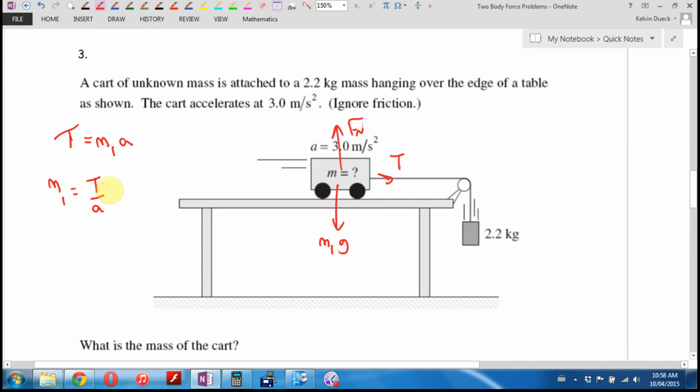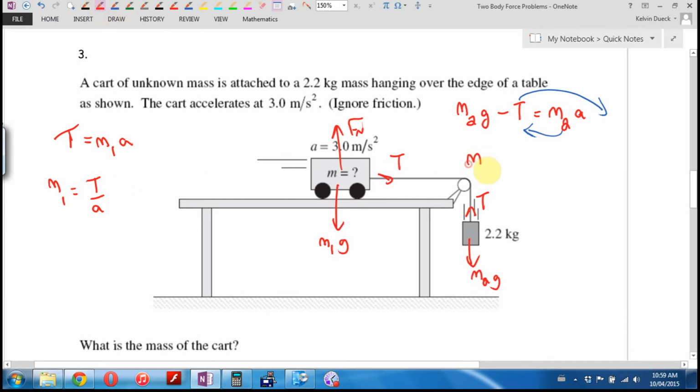So what are we going to do now? Go look at mass 2. M2G, tension. Who's winning? M2G. Tension is losing. That equals M2A. Again, I'm going to plus that there, minus that there.